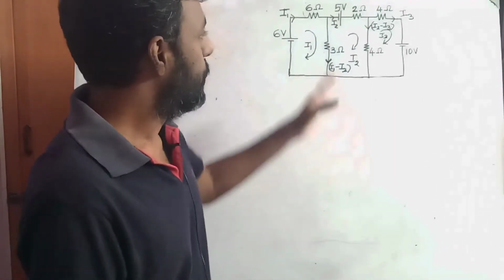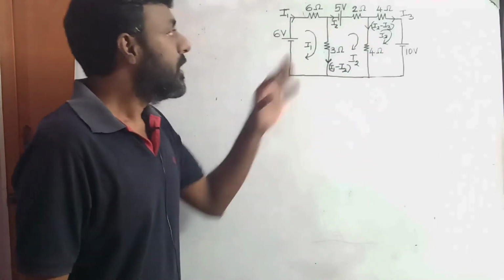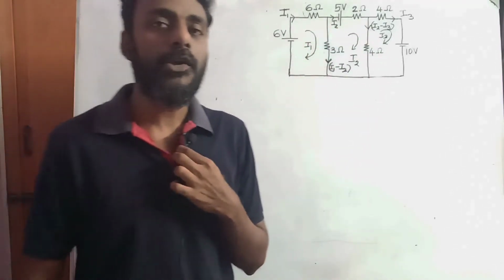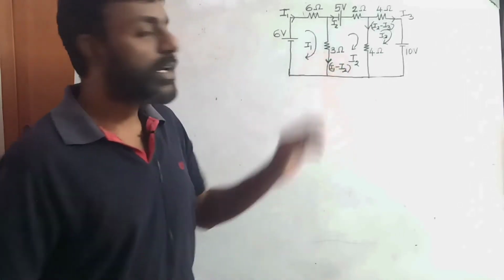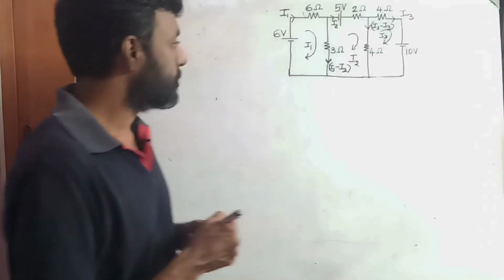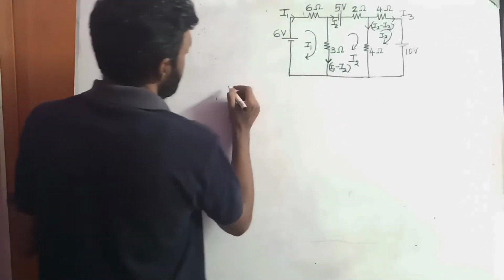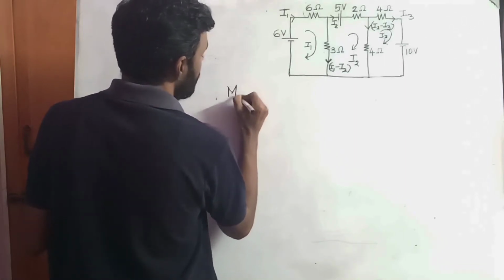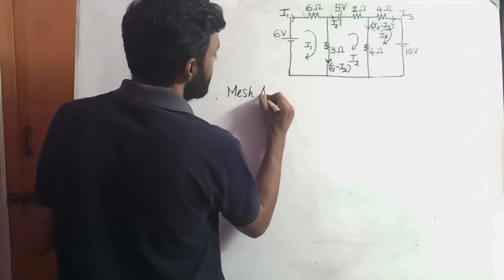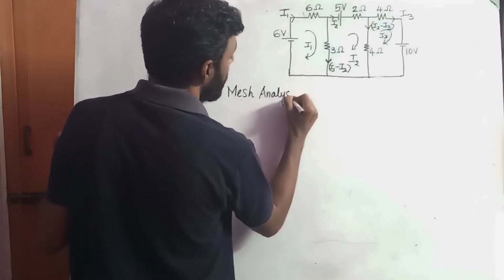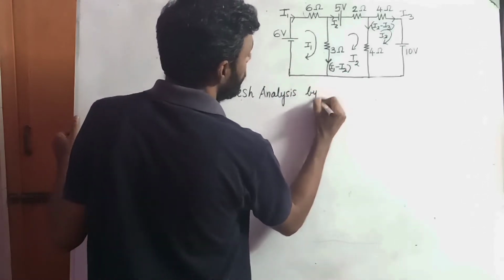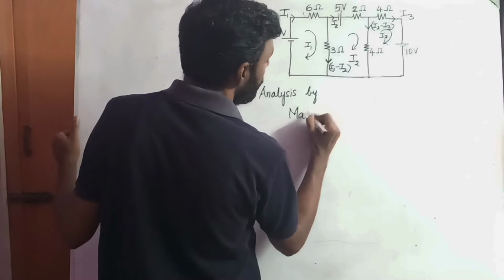Today we are going to see a circuit diagram. In this we are going to find the value of individual currents by a different method called mesh analysis by matrix form.